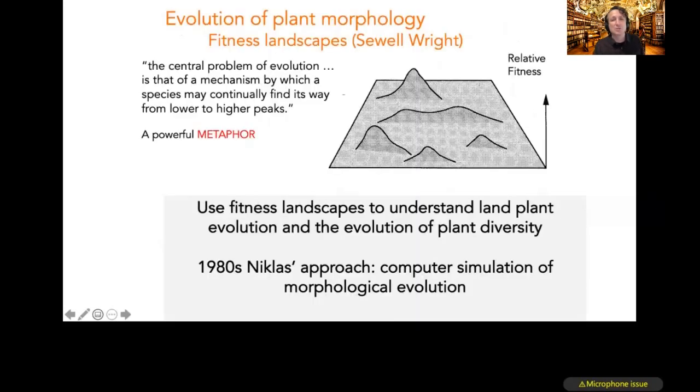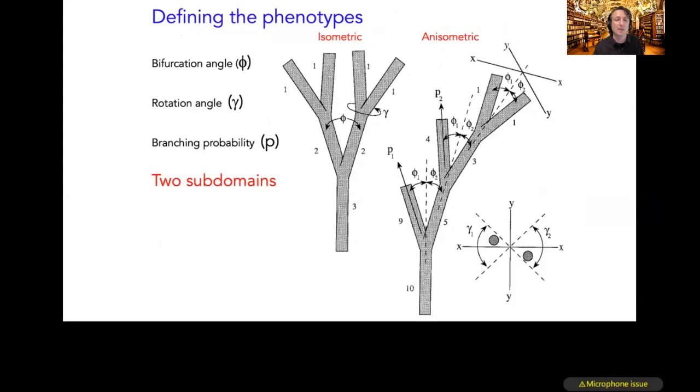We're going to use this fitness landscape and Cooksonia to try to put all of this together. I don't expect you to memorize this at all. This looks complicated, but it's actually really easy. What Carl did in his early use of computers in the simulation of biology was he said, okay, let's take early Cooksonia and ask what natural selection could operate on in this little dichotomous branching plant with sporangia on top.